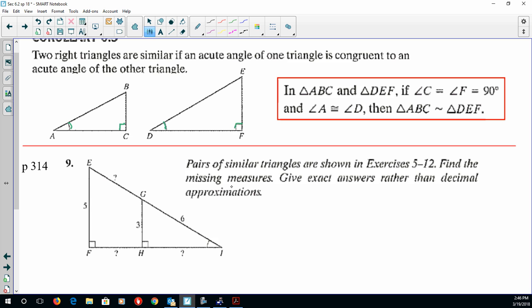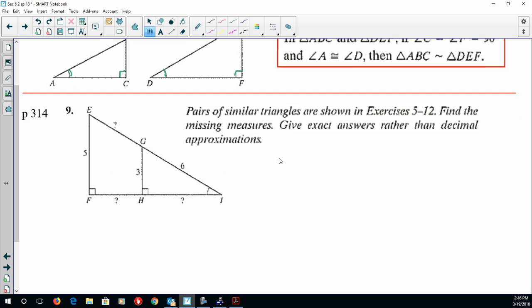This is supposed to be a right triangle. Let me make it all over again. Okay, let's use straight lines. Something like that.